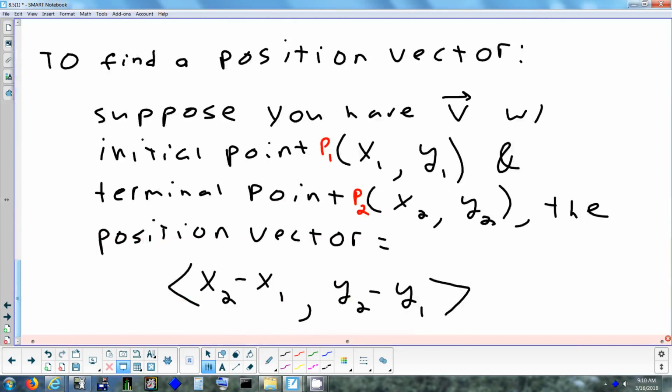If they don't tell you which one is initial and terminal, always assume point 1 is initial, point 2 is terminal.